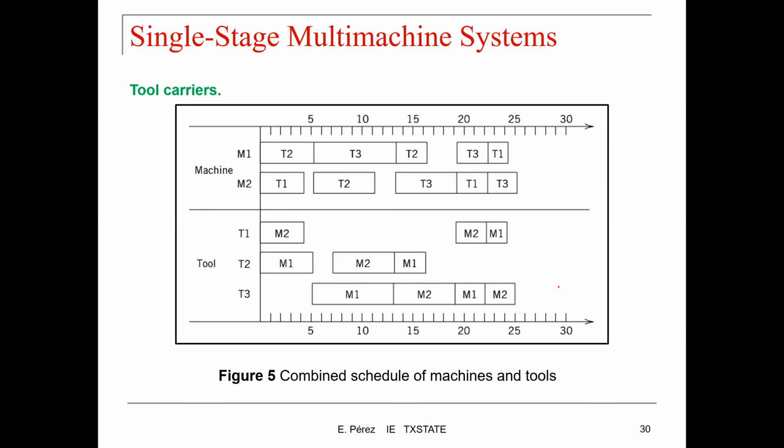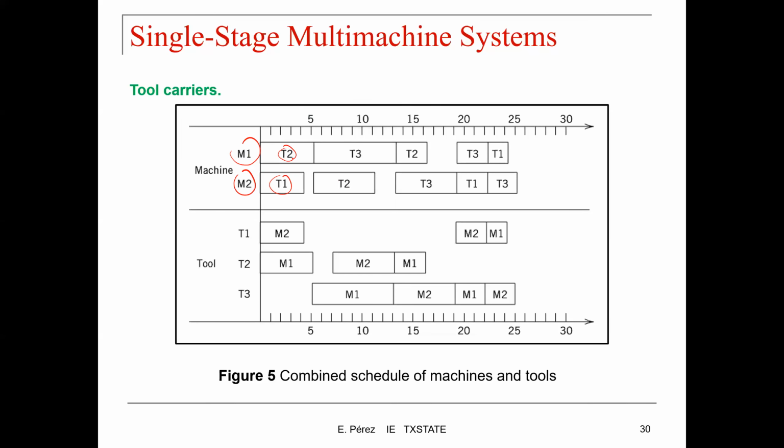So in this figure, figure 5 shows a combined schedule of machines and tools. So at the top, we have the schedule for two machines, machine 1 and machine 2. And then these T1, T2 basically are representing the tools that are assigned to each one of the machines.